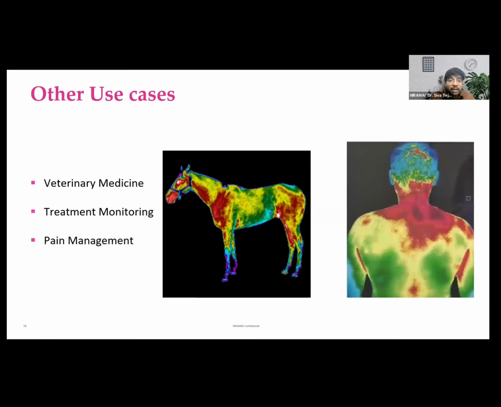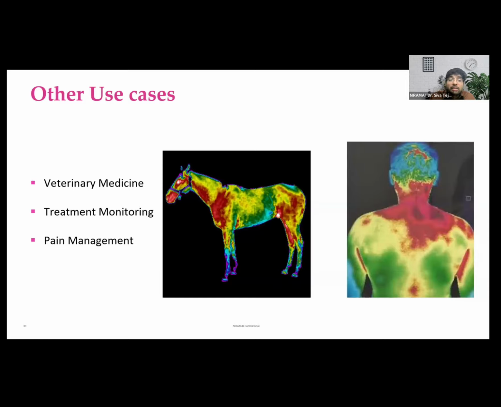Pain management and treatment monitoring are other natural extensions. Both involve inflammation, which causes more vascular and more metabolic heat patterns, which again can be picked up by thermal cameras. Veterinary medicine is another area. Unlike humans, animals can't express pain. So it's very hard. We can't completely scan the animal directly when we're talking about horses, right?